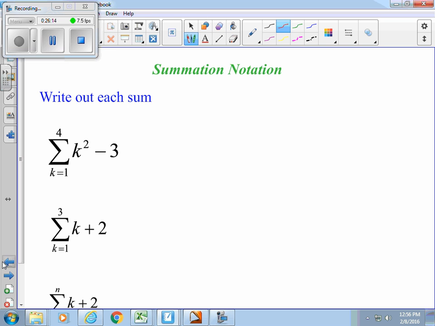So, we're going to do a couple to see if you understand how it works. This is the explicit formula of some sequence, and this is the terms that I'm adding in that explicit formula.